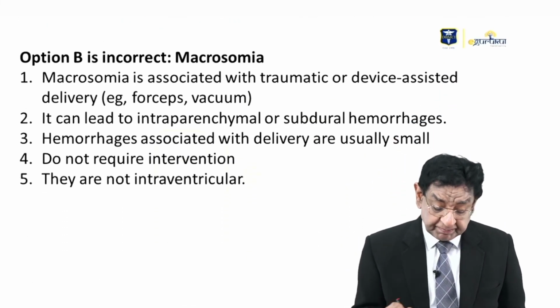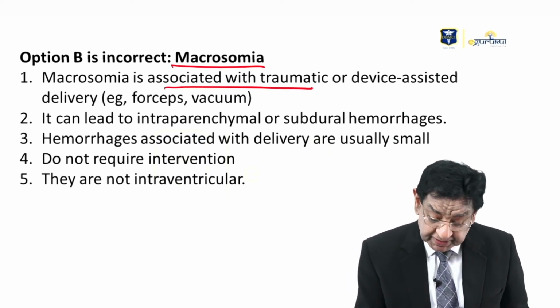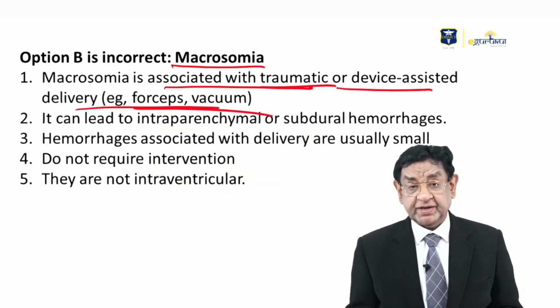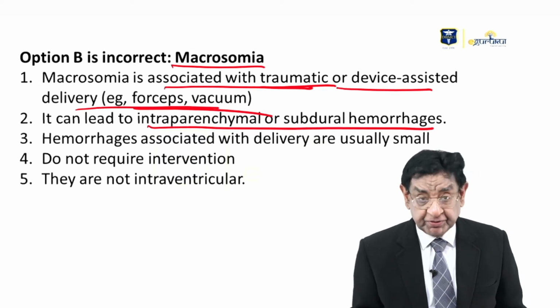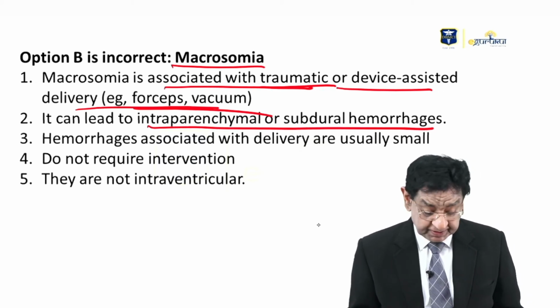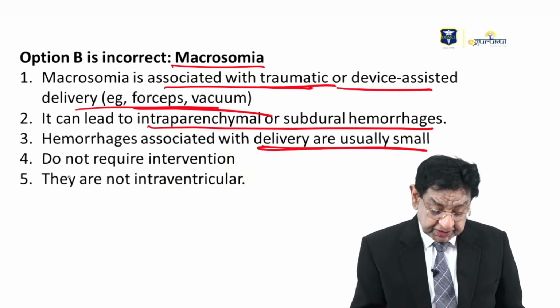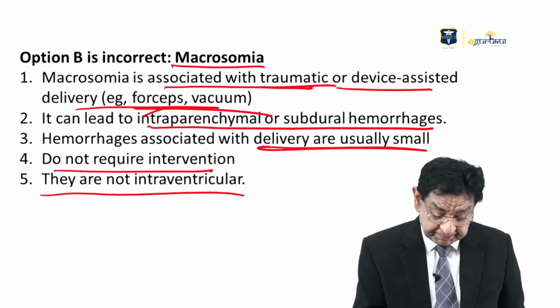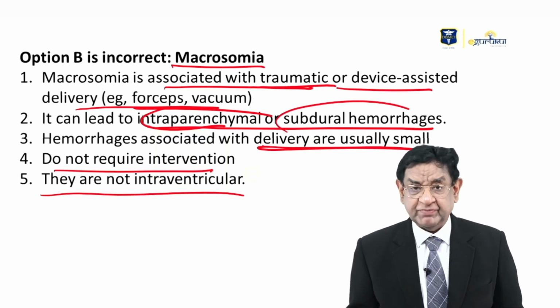Option B, macrosomia, is associated with traumatic or device-assisted delivery like forceps and vacuum. It can lead to intraparenchymal or subdural hemorrhage. Hemorrhages associated with delivery are usually small. Usually they do not require any intervention and they are usually not intraventricular. They are merely intraparenchymal or subdural, but usually minimal, not very massive.